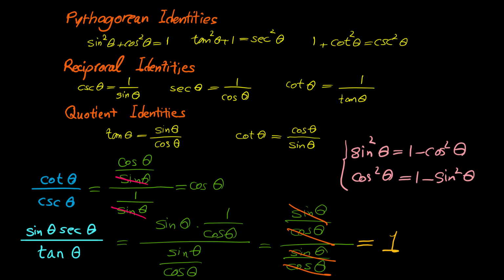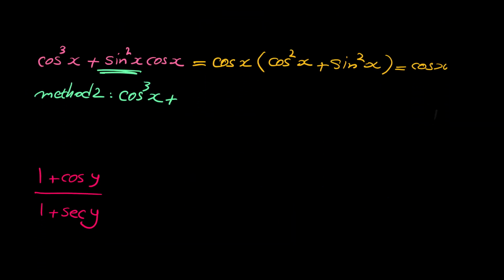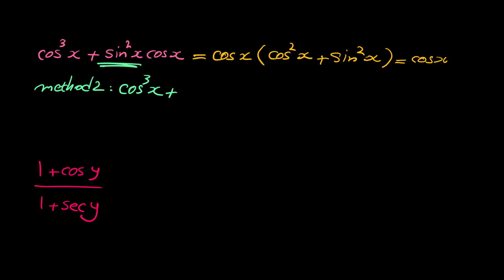Here, I have a sine to the 2 in my question, so I am going to replace it with 1 minus cosine to the 2. So in this question, we substitute sine to the 2x with 1 minus cosine to the 2x, times cosine x.